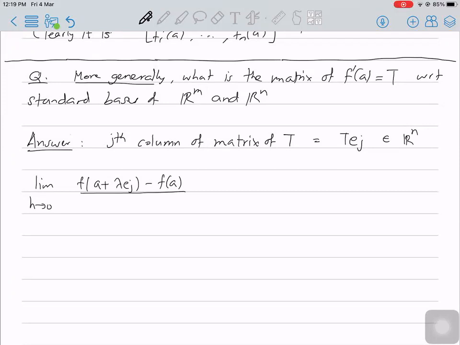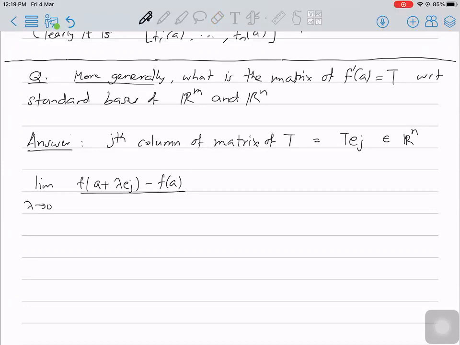So it's the lambda times ej that should approach 0. And so I will simply change my name: instead of taking the limit as h approaches 0, I'm taking the limit as lambda approaches 0.